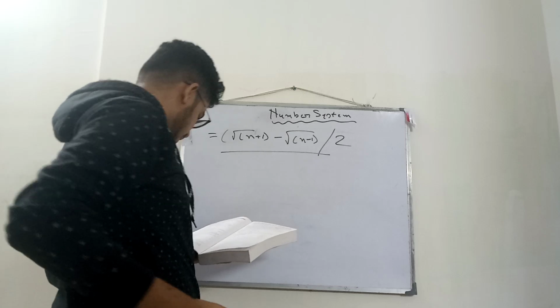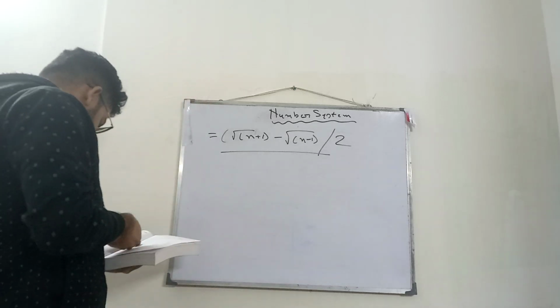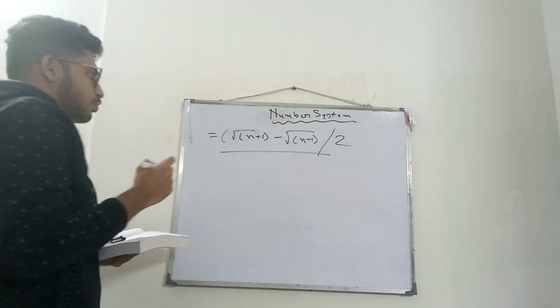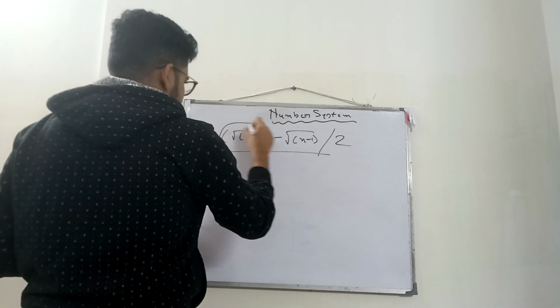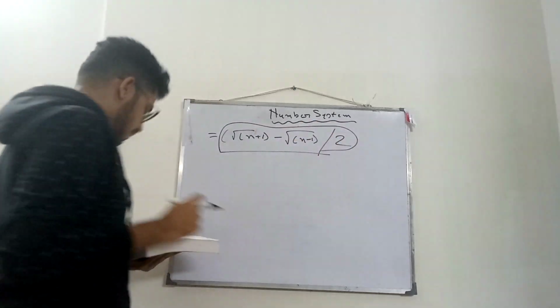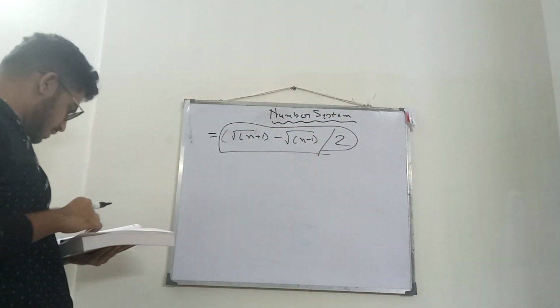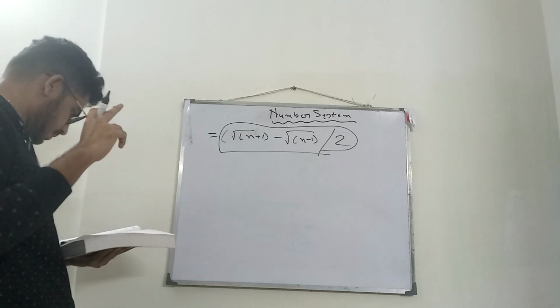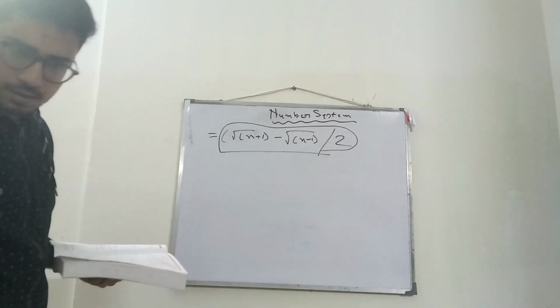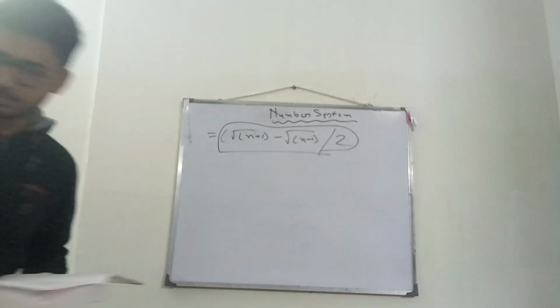We were at root n plus 1 minus root n minus 1 upon 2. What is the meaning of this? Okay, we were in that part.